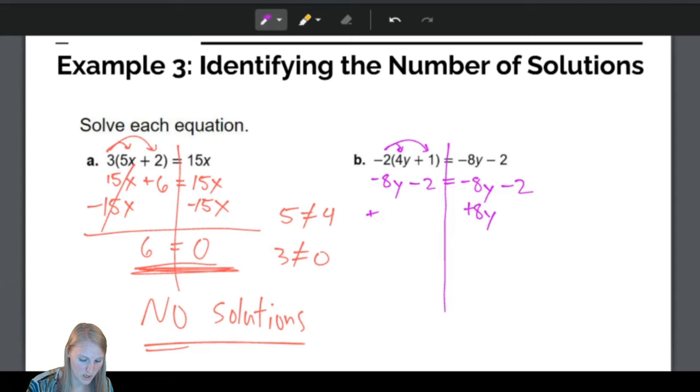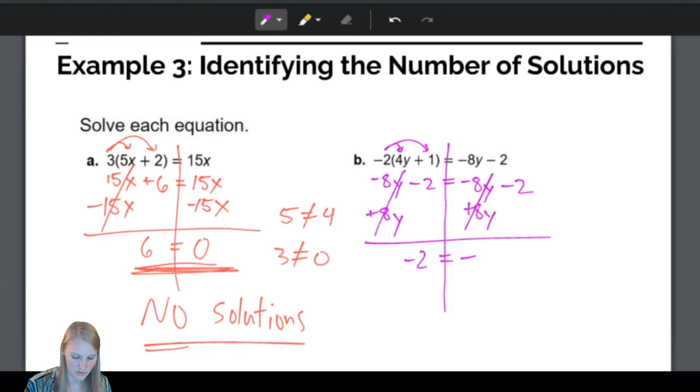So that goes away right here. And I have, oh wait, negative 8y plus 8y. That also goes away. And I get negative 2 equals negative 2. There you go. Does negative 2 equal negative 2? Yes. Yes, it does.